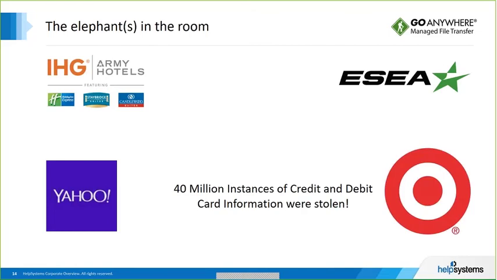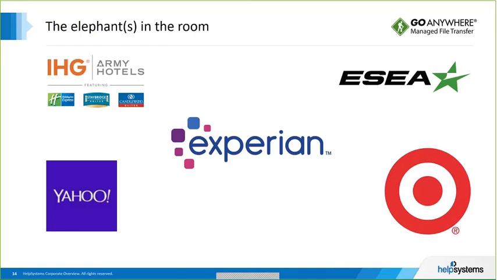Over 40 million instances of credit and debit card information was stolen. Again, these companies think they have it controlled or they actually have security in place. Something went wrong somewhere. And as of late, the big elephant in the room, Experian with 143 million Americans' information was exposed.